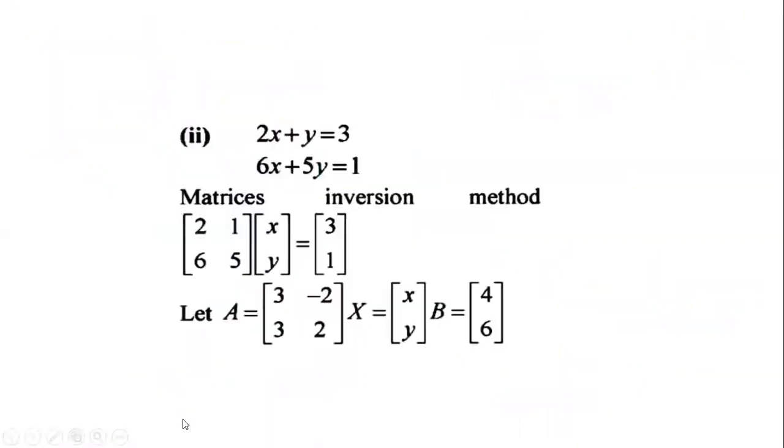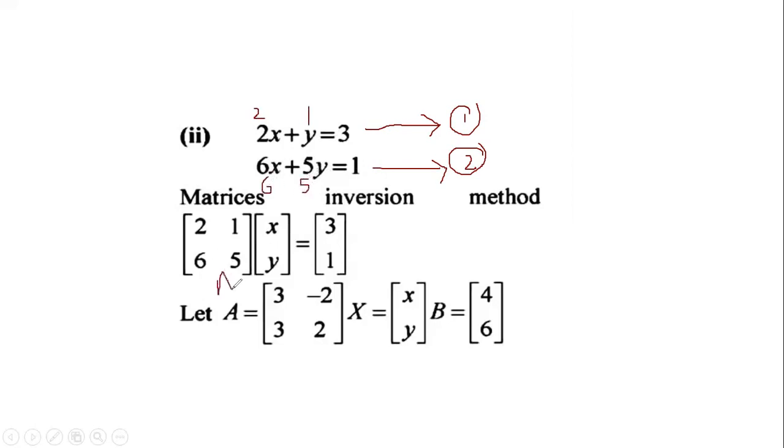For example, I have given two equations: 2x plus y equals to 3 and 6x plus 5y equals to 2. So first to convert into a matrix form, this one is 2, 1, this is 6, and this is 5.